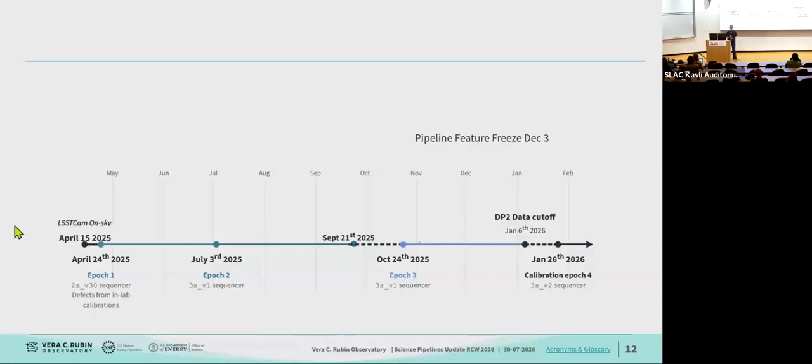For every new instrument, there are idiosyncrasies, and we have to optimize the pipelines for a new instrument. And then after the shutdown, we unleashed the feature-based scheduler. The cloud of visits that you see in the northern fall region is all from this period of time.